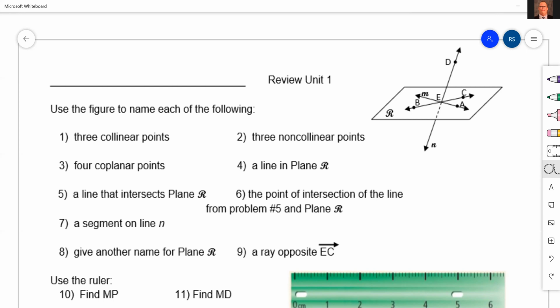Second thing, what's collinear mean? On the same line. So we have to look for 3 points on the same line. There's only one situation of that. Let me get my pen. It's going to be points B, E, and C.